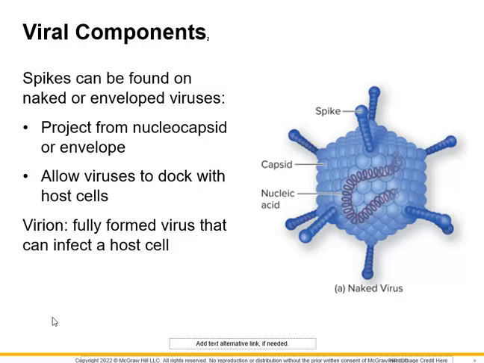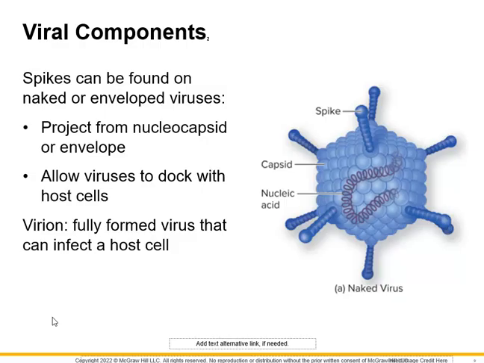Because there are so many different types of spikes in influenza A, it has become part of its name. So for example, swine flu is also what we call H1N1. So it's part of its subtype, while bird flu is called H5N1. So the H and the N refer to different types of spikes.